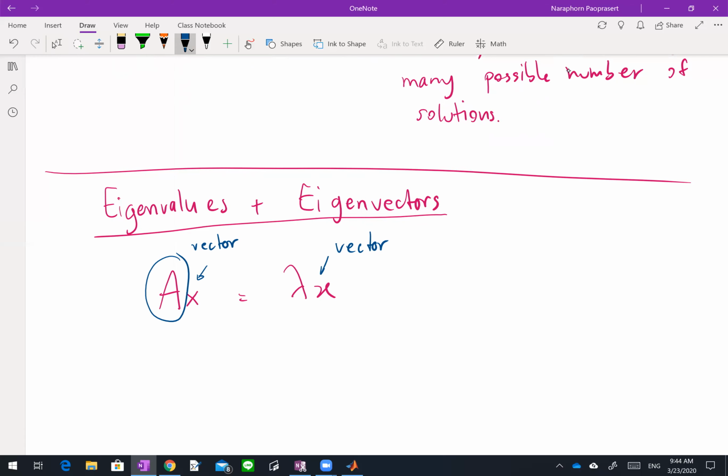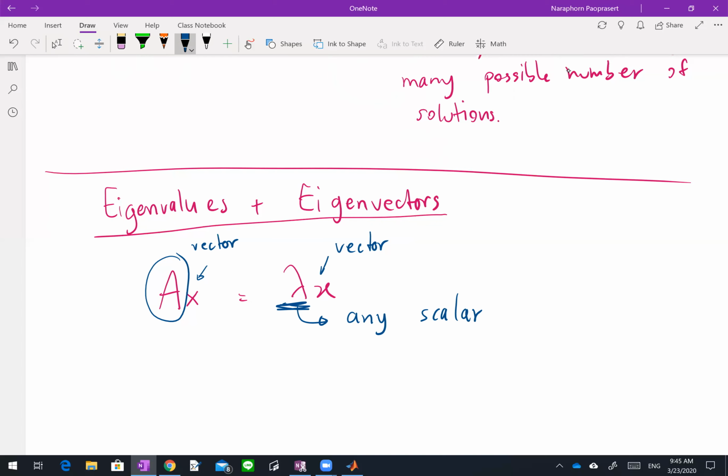If that vector is multiplied by matrix A, and you get a linear transformation, so lambda is just any scalar. So this is so amazing that the vector x multiplied by A is just the linear transformation of the vector x itself.